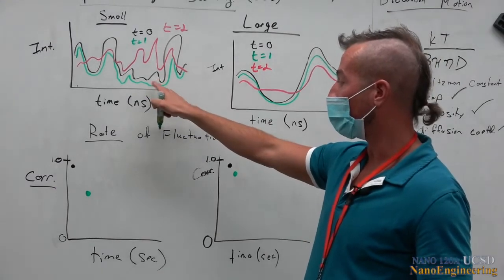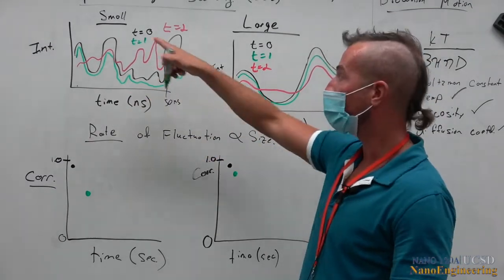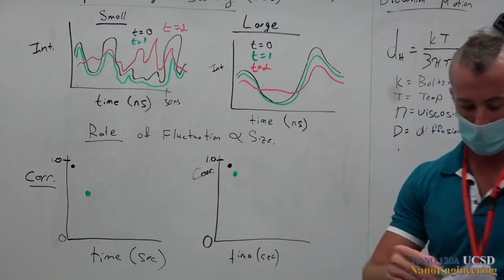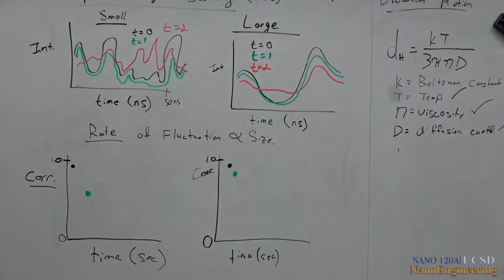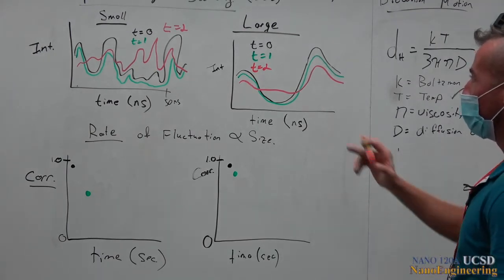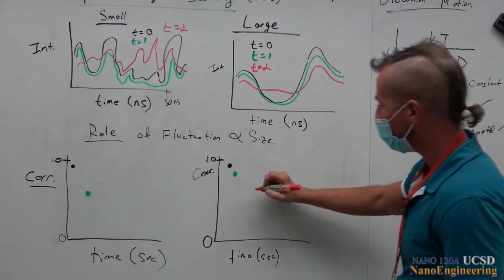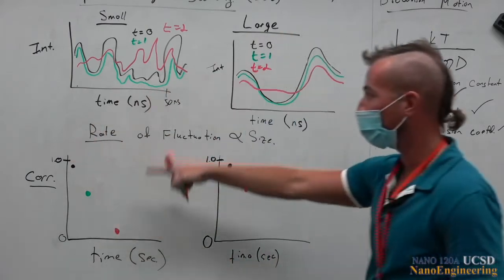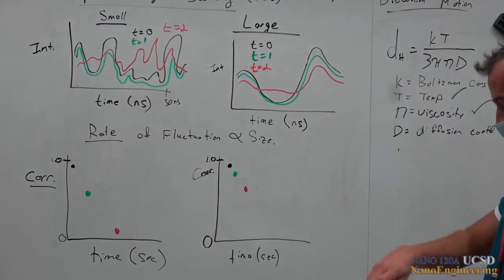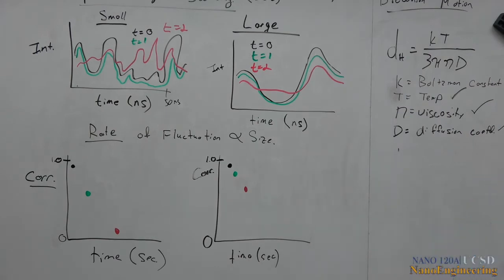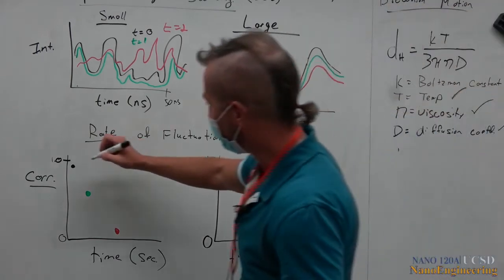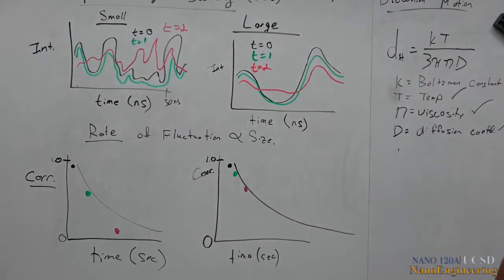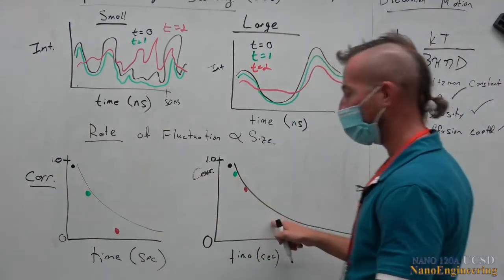Green with black correlates less well with each other for the small particle than for the large particle, right? When you get to time point equals 2, there's very little correlation over here. Okay? So you get this generally kind of exponential thing, where this one comes down much quicker than this one.